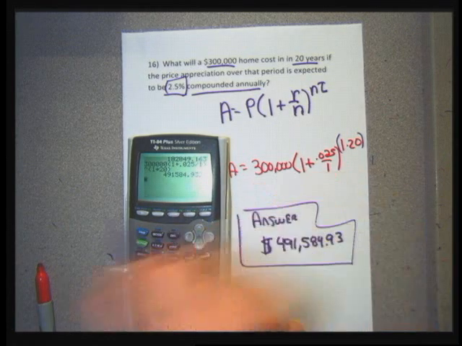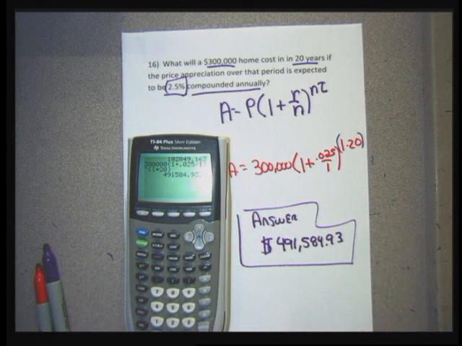Of course, that's just an estimate because there's no way to know for sure if houses are going to go up on an average of 2.5% for the next 20 years. They can go up by 1%, they can go up by 6%, they can go down. But if you average 2.5%, so some years more, some years less, your house should be close to $500,000 in 20 years if you currently have a $300,000 house.